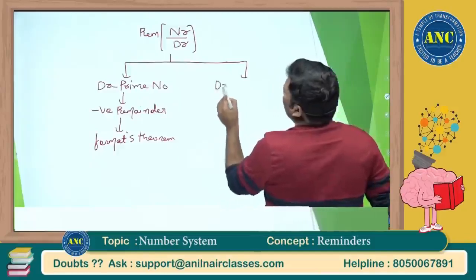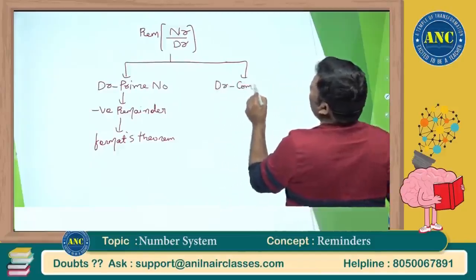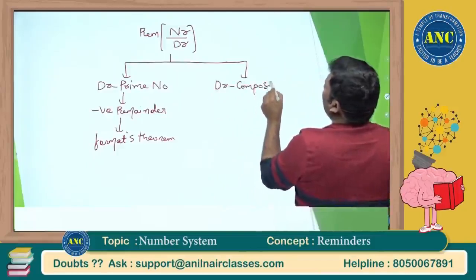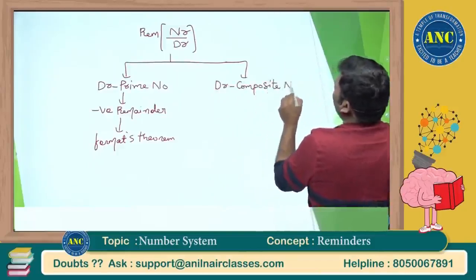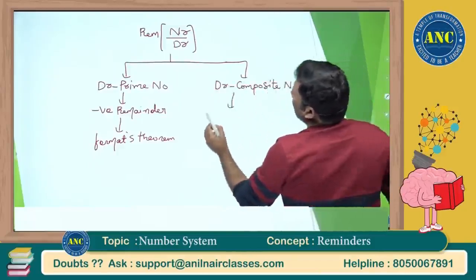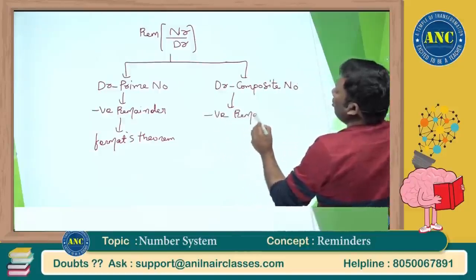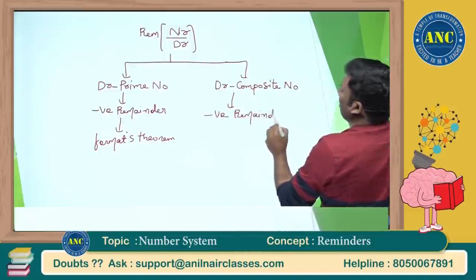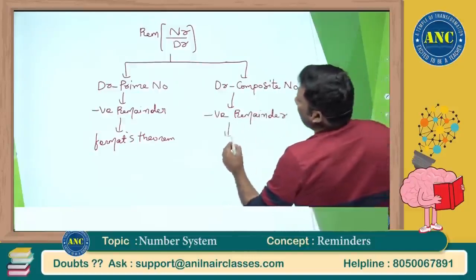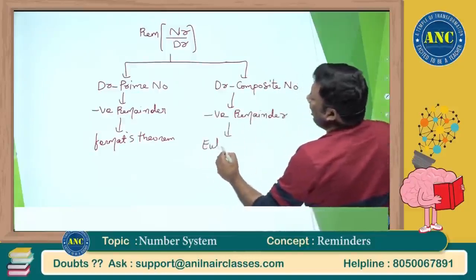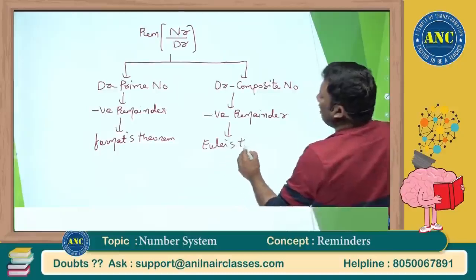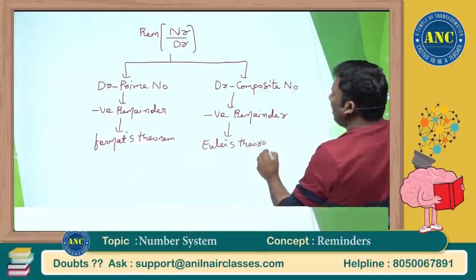If the denominator is a composite number, first try to solve using negative remainder. If it is not giving you answers in shorter time, use Euler's theorem.